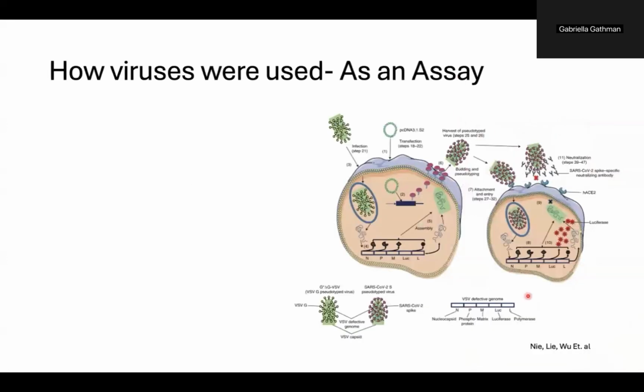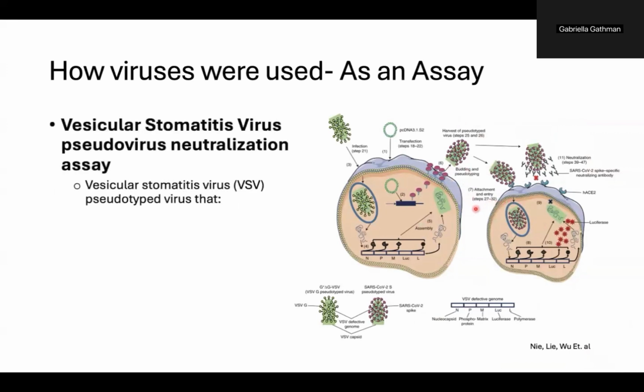Now, to my right is a busy figure, but I'll break it down for you. This figure kind of resembles the vesicular stomatitis virus pseudovirus neutralization assay used in this paper. Now, a pseudovirus is basically a virus that is modified to contain components of another virus.